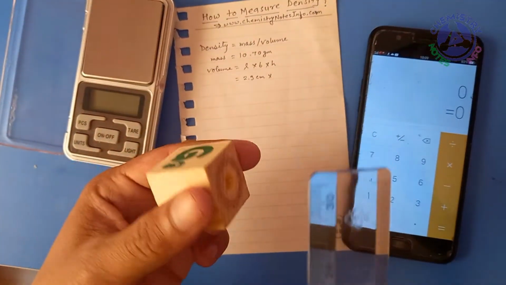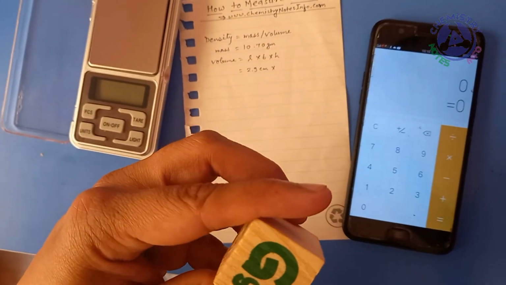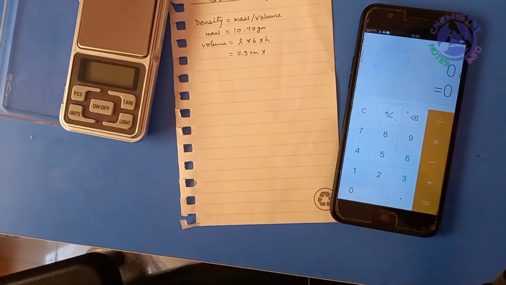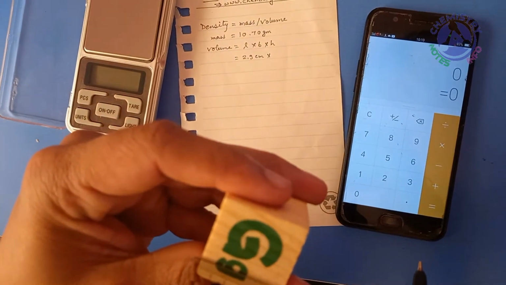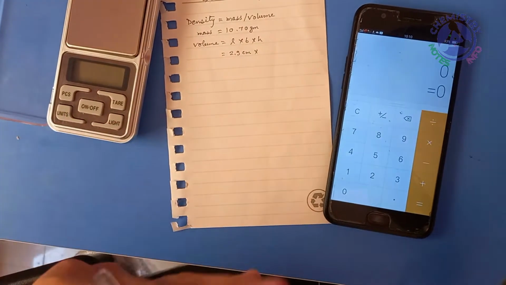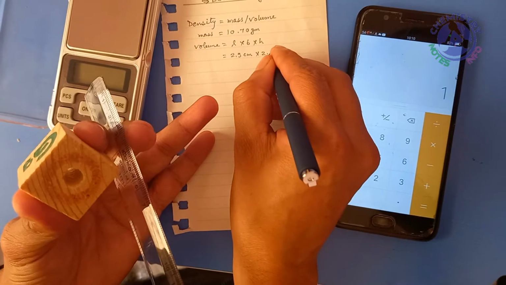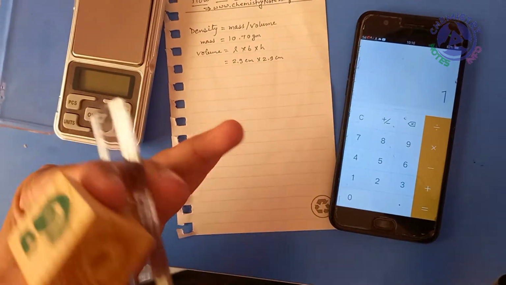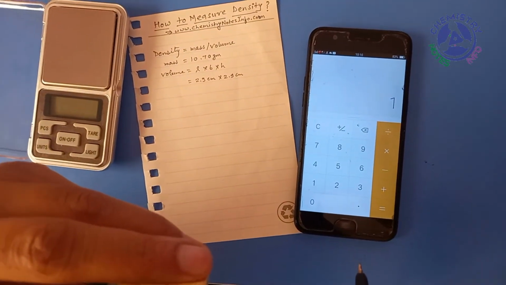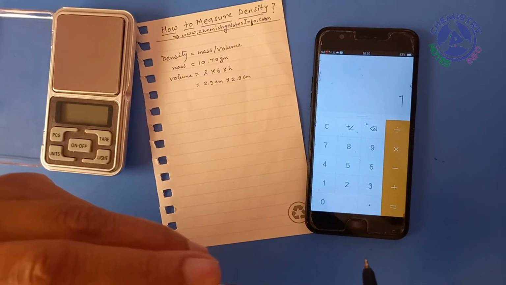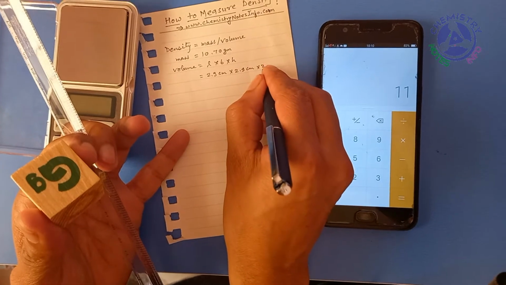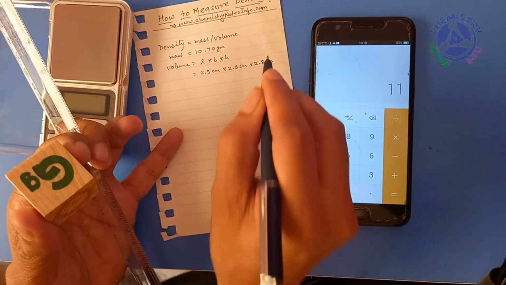Now we take its breadth, and it's also 2.9, means its length and width is 2.9 centimeter. And now we measure its height. So its height is 2.8 centimeter.